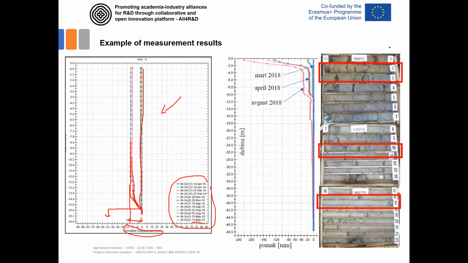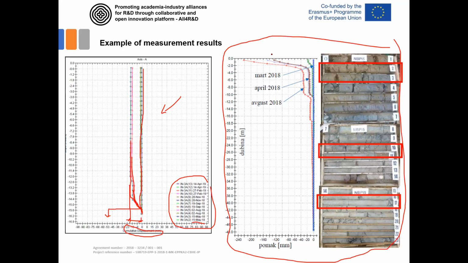Very similar results are shown here. But here we have not only the results of the inclinometer measurements, but also the characteristics of the material involved in this location. This is a very deep borehole, 48 meters drilled at the location.